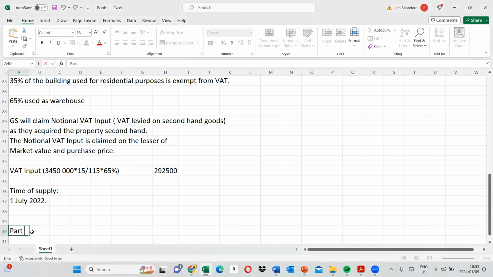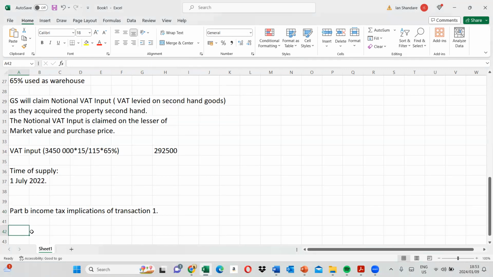Part B, income tax implications of the transaction. What is the income tax?